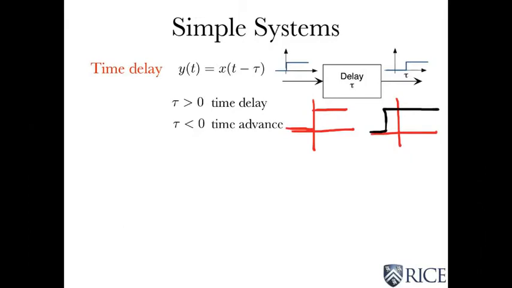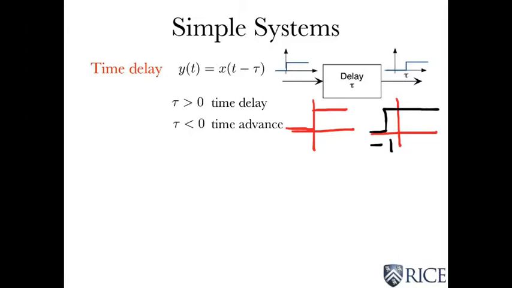So if this is, for example, at -1, this output at time -1 is going to have to occur before it occurs at the input. So somehow the system would have to know the future value, the future behavior of the input signal. You know, that's a little weird.